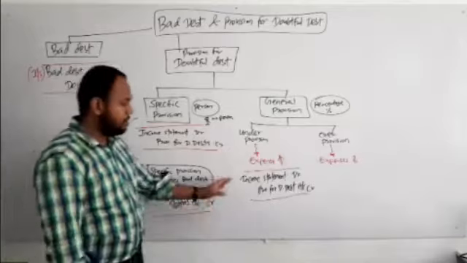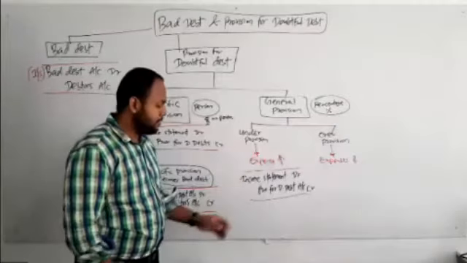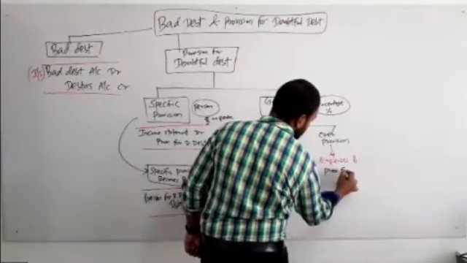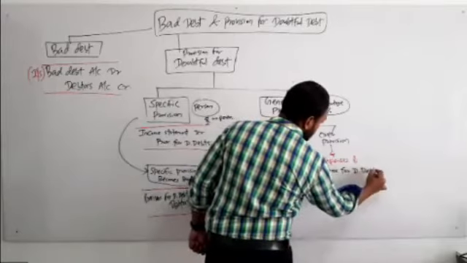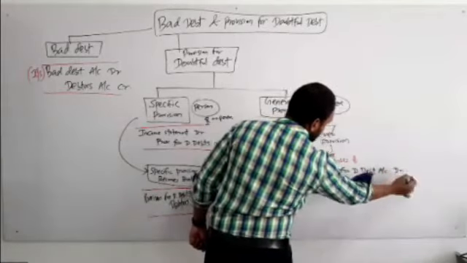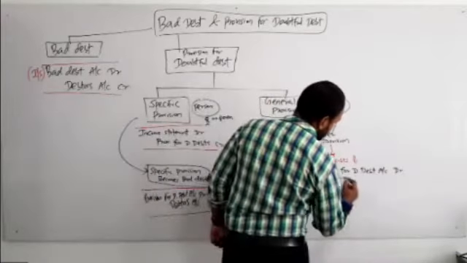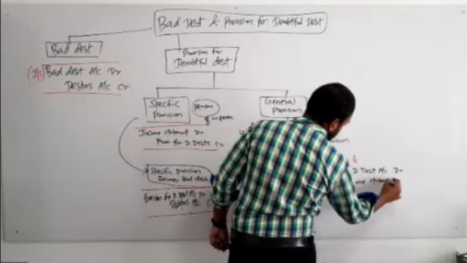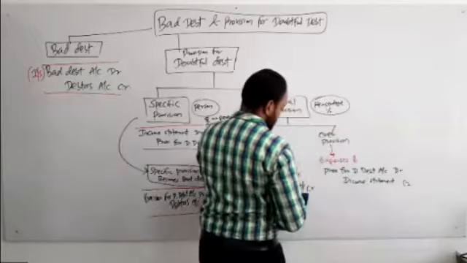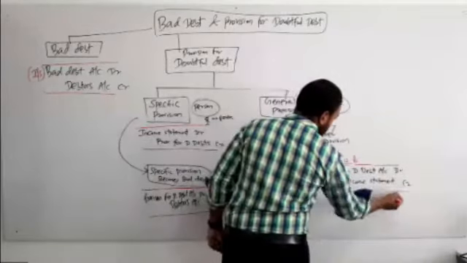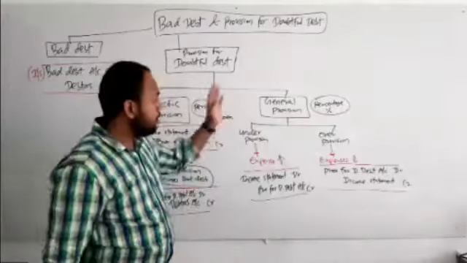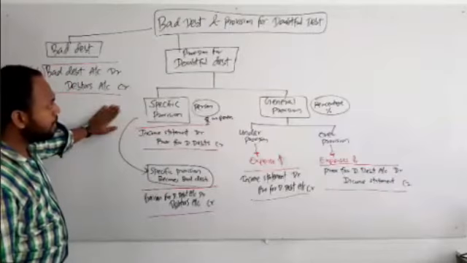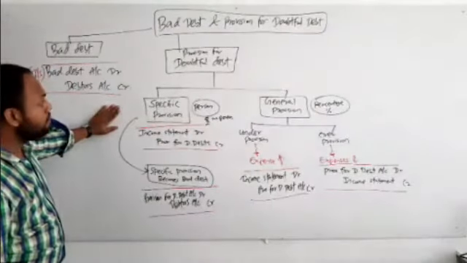Over provision is the reversal of this: provision account debit, income statement credit. So these are the types of questions we might get under provision for doubtful debt.